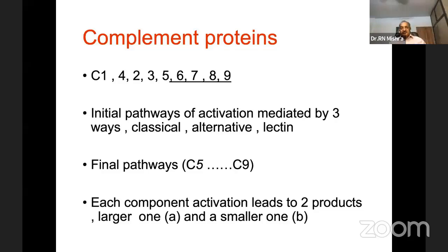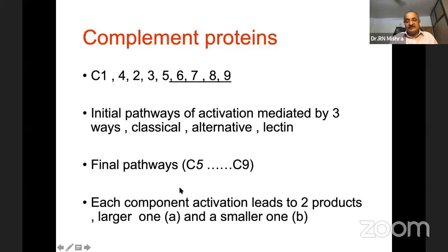The alternative system is phylogenetically more primitive. It's much older than the classical pathway, and it's operational in snails, very primitive animals, and the classical pathway came into being subsequently.